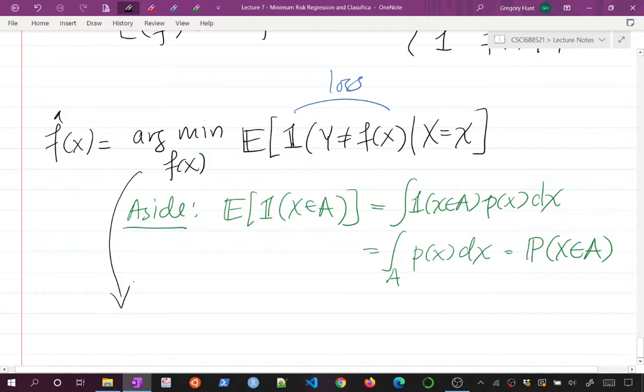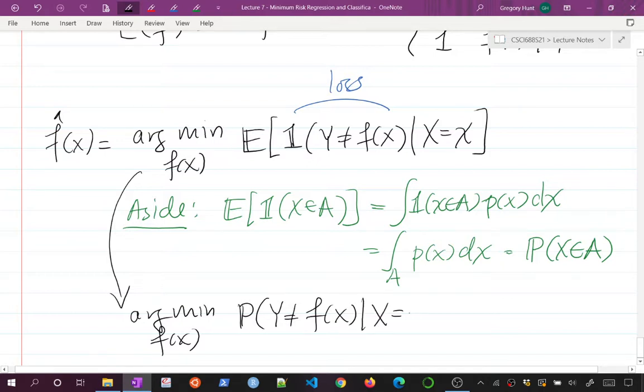So this, which is very similar to last time, but now we've replaced our squared loss with our 0-1 loss. We can say the expected value of that is the probability that y is not equal to f of x, conditional.